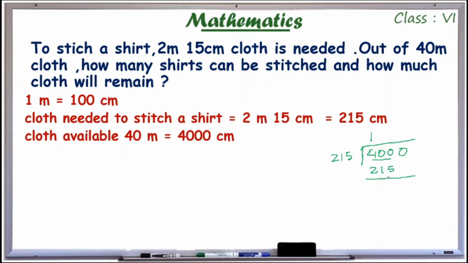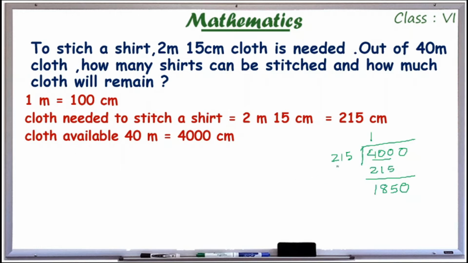So 400 minus 215 is equal to 185. So 1850.